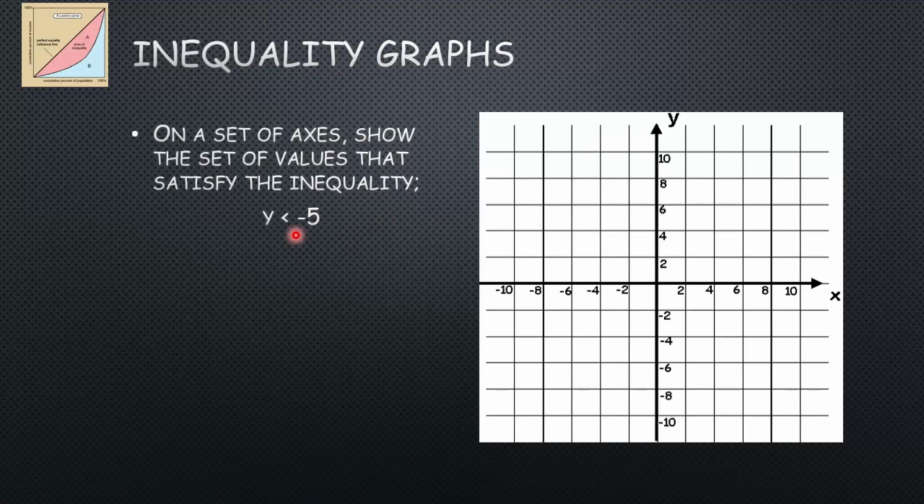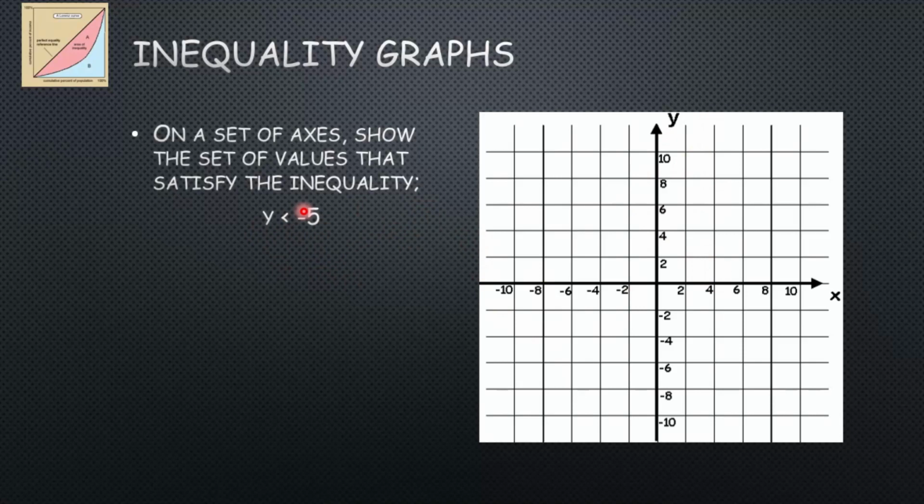If we don't have an equality sign, there will be a dotted line. So in this case we do not have an equality sign, so this graph will have a dotted line.